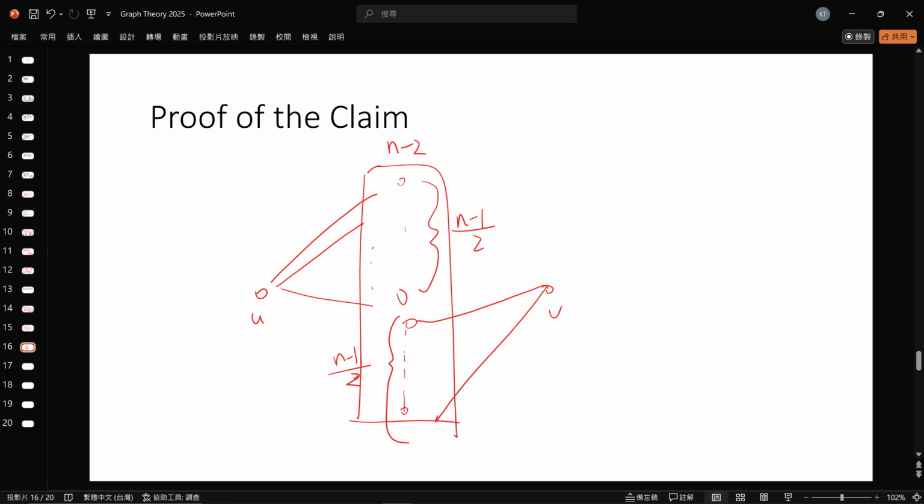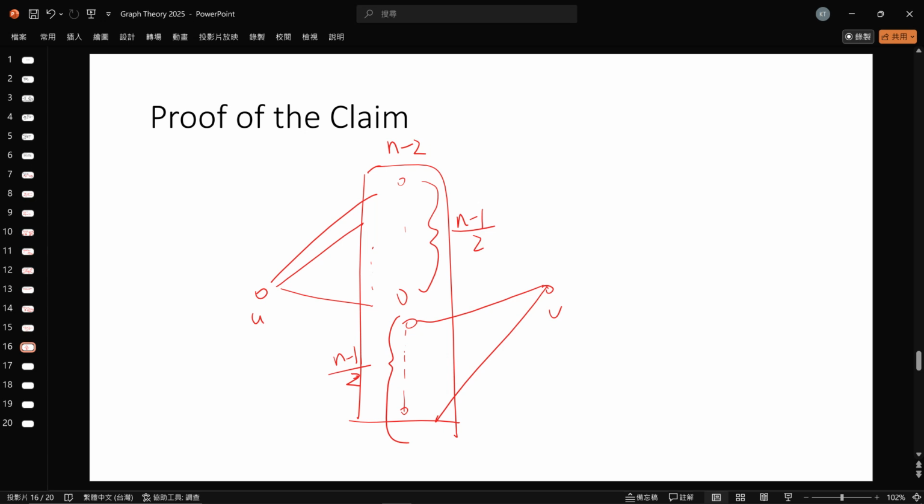So since this set only has n minus 2 vertices, these two sets must have some overlap. And this overlap means they have a common neighbor.